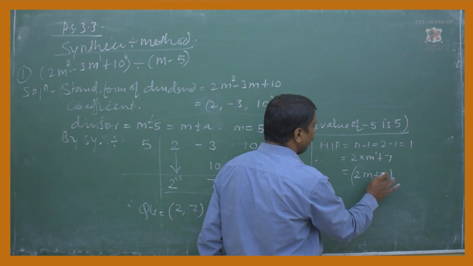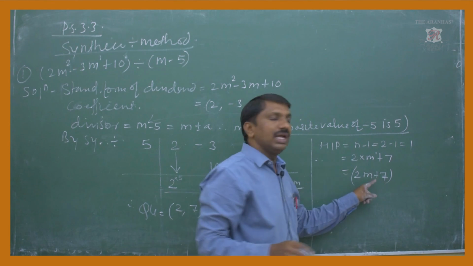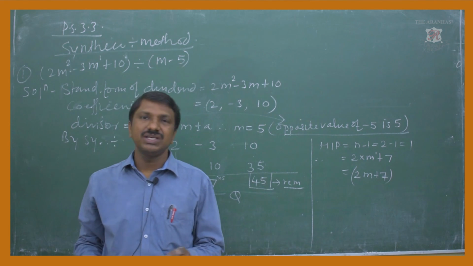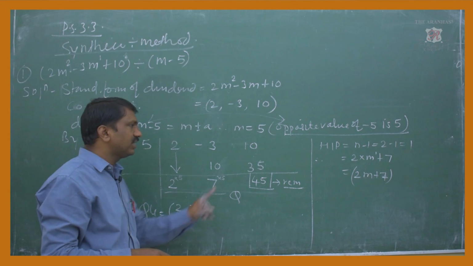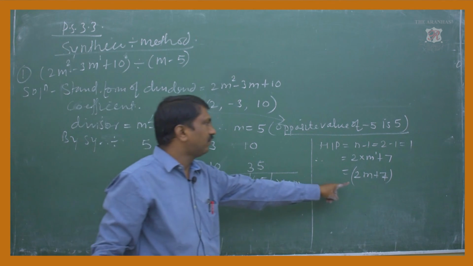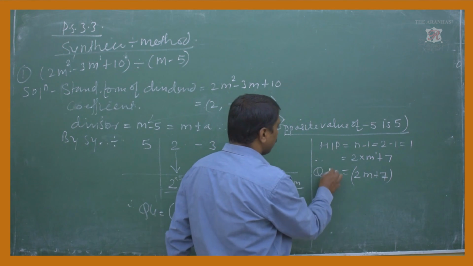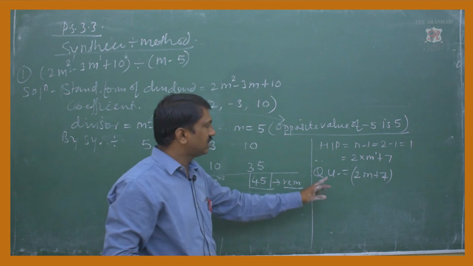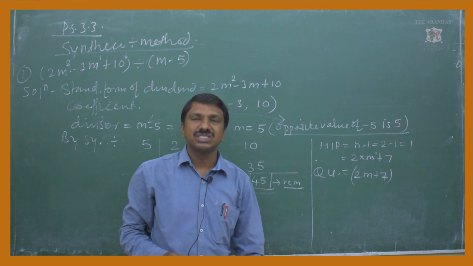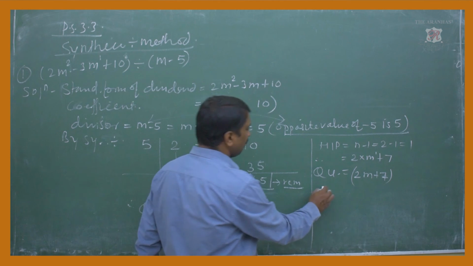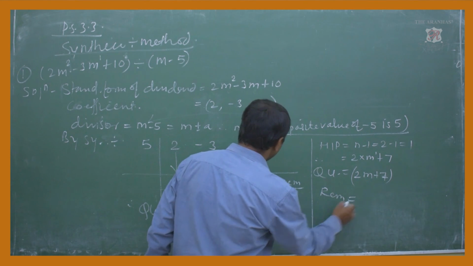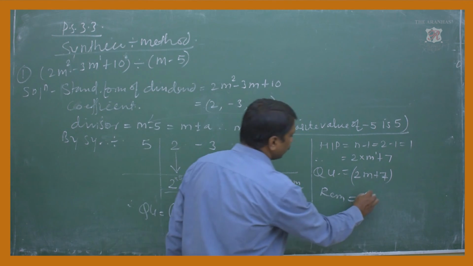This is the previous topic. In the previous exercise we discussed converting the coefficients into polynomial form. So here you can write that your quotient is equal to 2m plus 7, and the remainder is equal to 45.